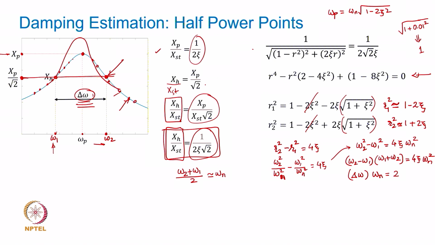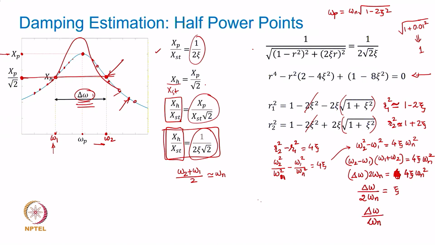So, omega 1 plus omega 2 by 2 is like omega n, 2 omega n, and that 2 maybe I will write it here, and then keep 4 zeta omega n square. Now, what I have is delta omega by 2 omega n equal to zeta, which I can always write as delta omega by omega n.